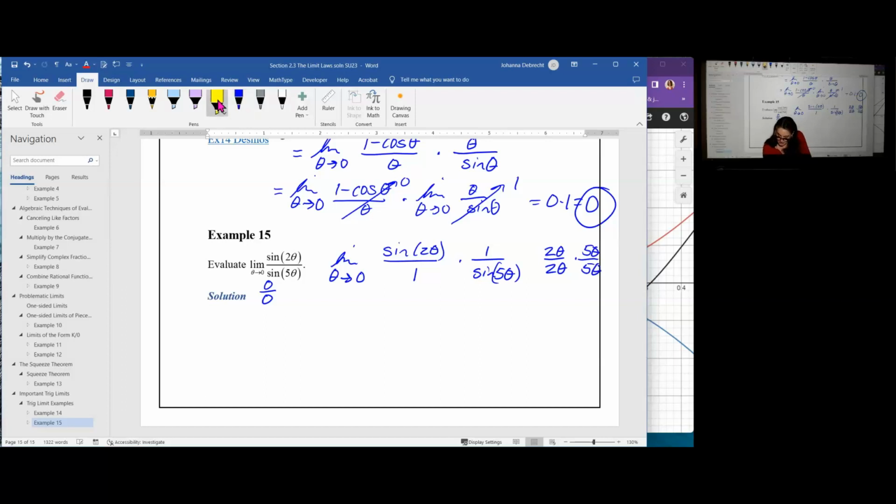I'm going to take this 2 theta here and move it in the denominator to join that one. Then I'm going to take the 5 theta here and move it in the numerator of that one to join that one. You'll see that you're going to get some cancellation. Go ahead and pause the video and work it out.